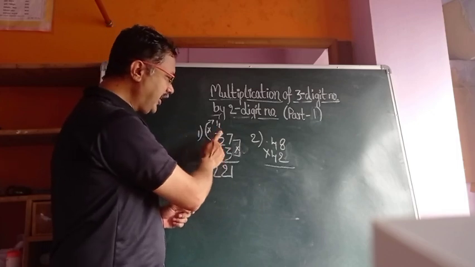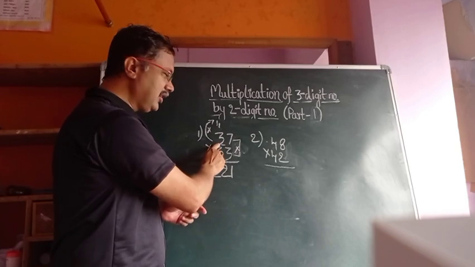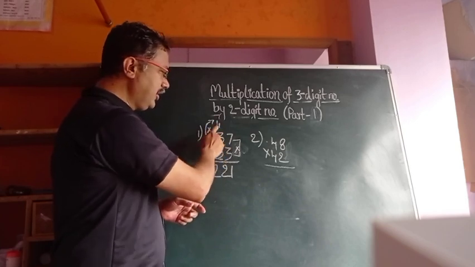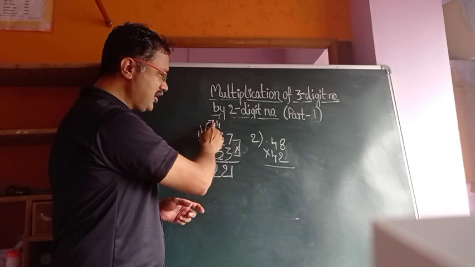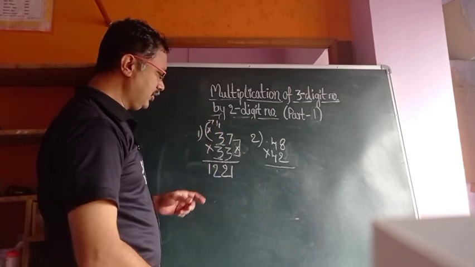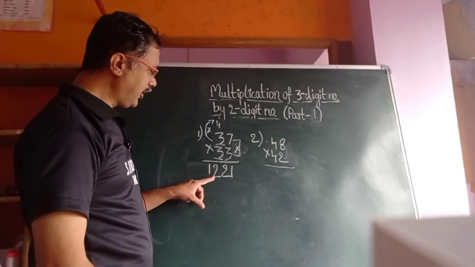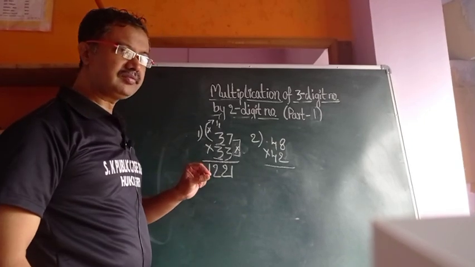Take that number, and the next number of this number, means 4. We have to multiply these numbers, 4 into 3, 12. We have to write the answer. Now we got the answer directly.